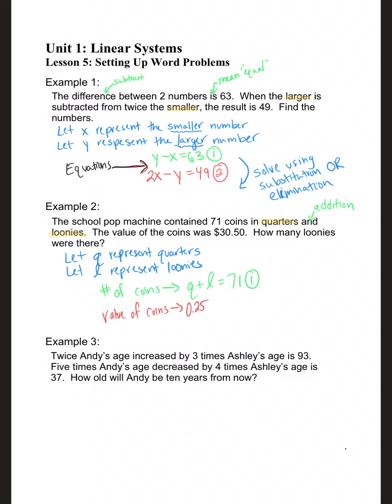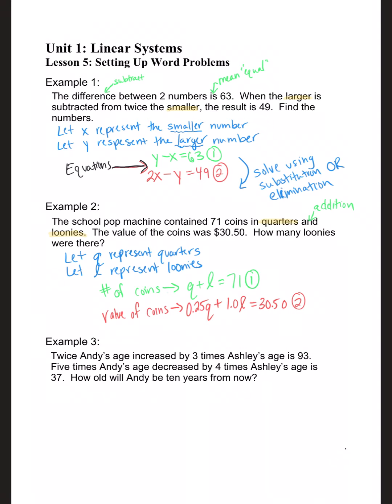A quarter is worth 25 cents. So 25 cents times however many quarters I have will tell you how much money in quarters I have. The same is true for a loonie. A loonie is worth $1. So we'd have to do $1 times however many loonies I have. And the addition of those two things should equal $30.50. And that would be your equation 2.